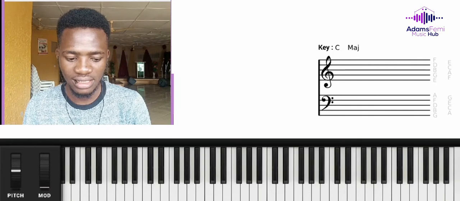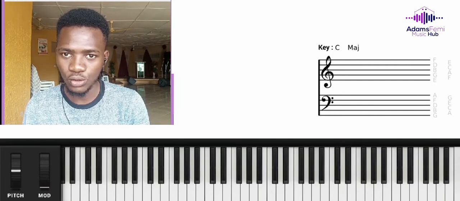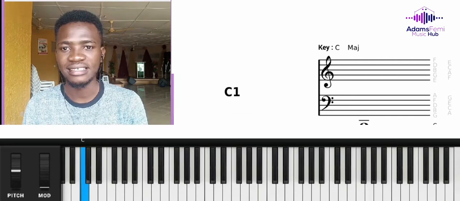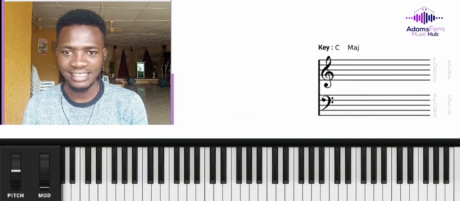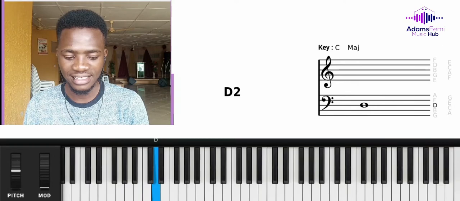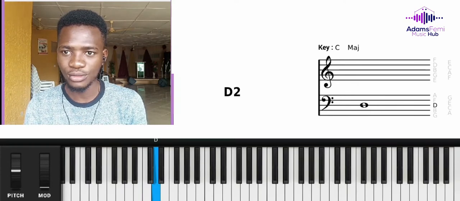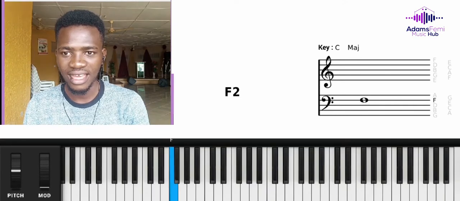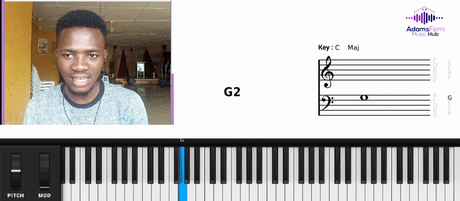So let's count from C. You know we have C before every two black keys. So we have C here. This is C1, and this is C2. Alright, so let's go. C, D. I'm just touching every white note. The next one, E, F, the next one, G. Remember we have just seven.